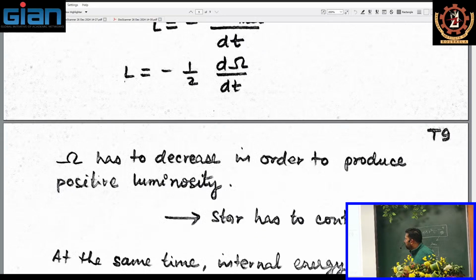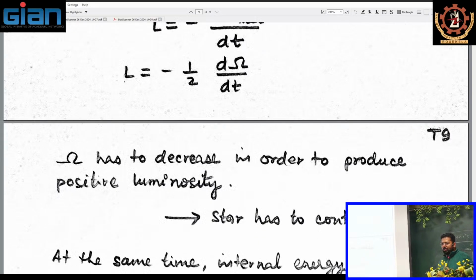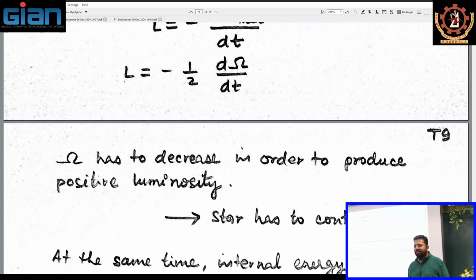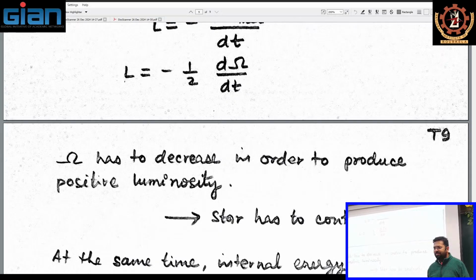Now, can we have negative luminosity? The right hand side is negative. Someone is saying yes. If I want to get a positive luminosity, what should happen to this expression?